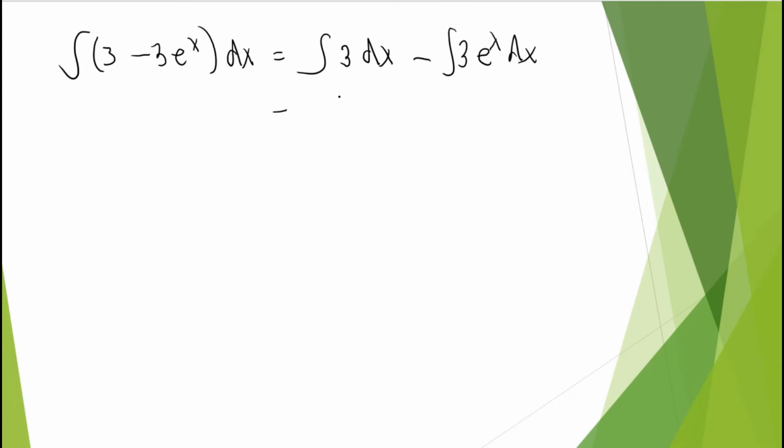So integral of 3, labas natin yung 3. And then integral of dx is just x minus, labas natin yung 3. And then the integral of e raised to x dx is just e raised to x. And then we add always plus c. So the answer is this one.